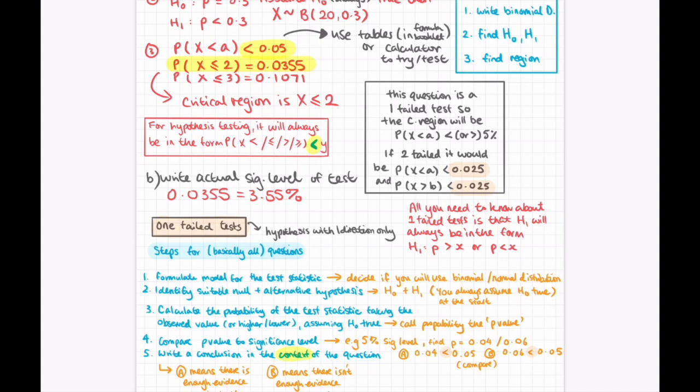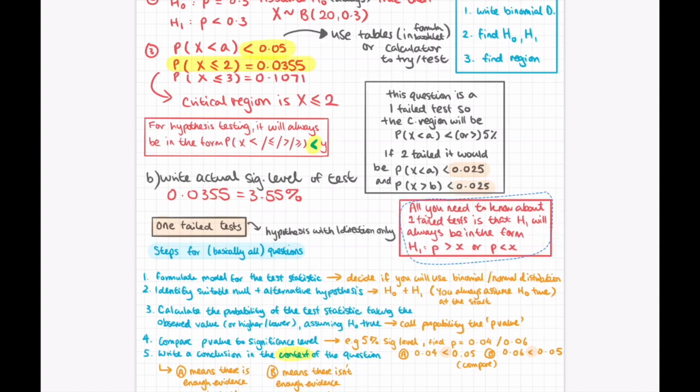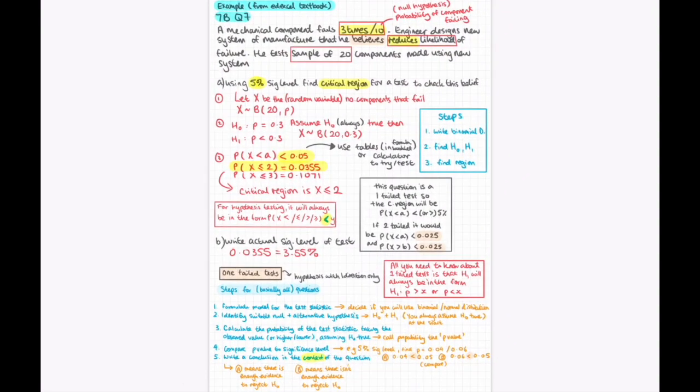And obviously you have to follow on for the main part of the question using this, but essentially that's really what this section is about. And then we can go on to do a question.